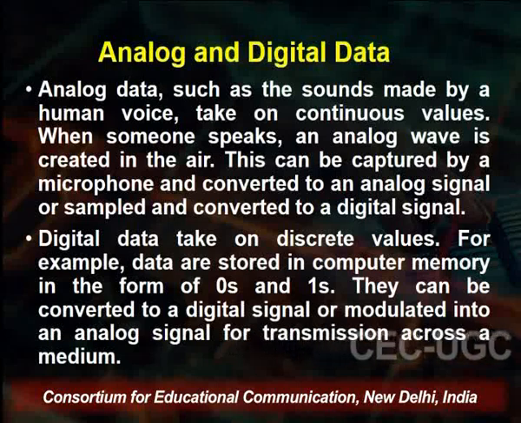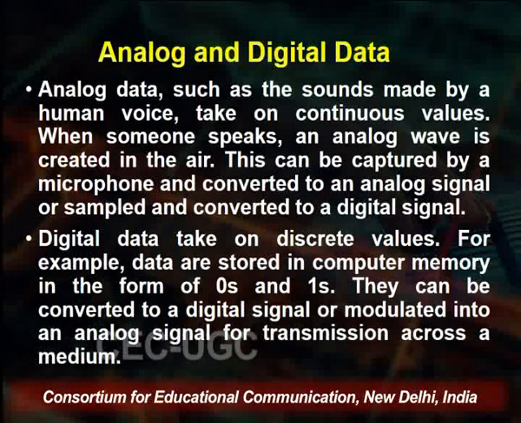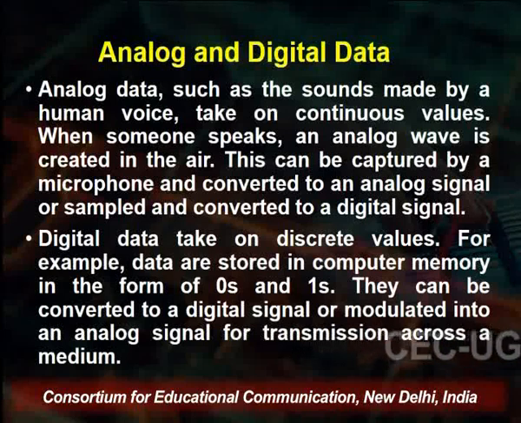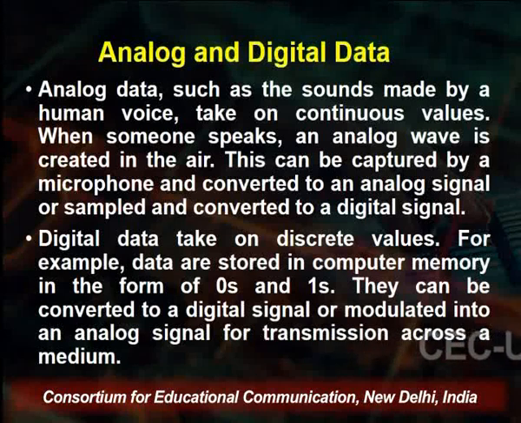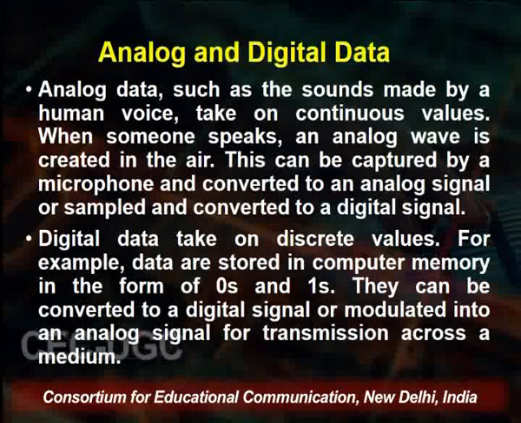Whenever a person is speaking, an analog wave is created, and this analog wave is captured using a microphone. It is converted into an analog signal, and then it is sampled and converted into a digital signal. Digital data takes on discrete values, for example data which is stored in a computer's memory.